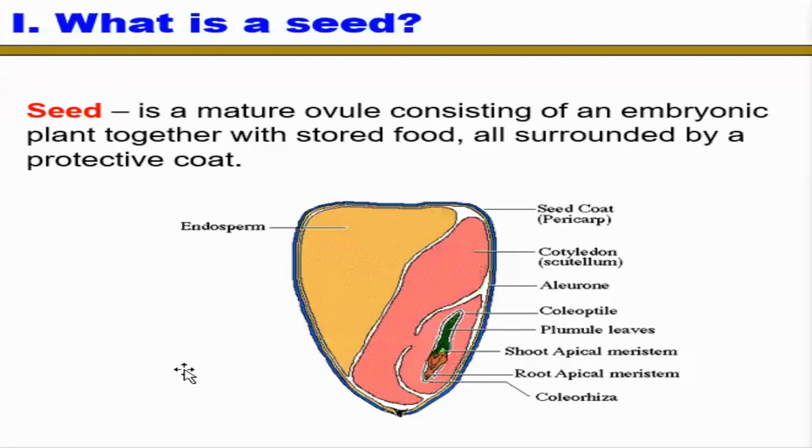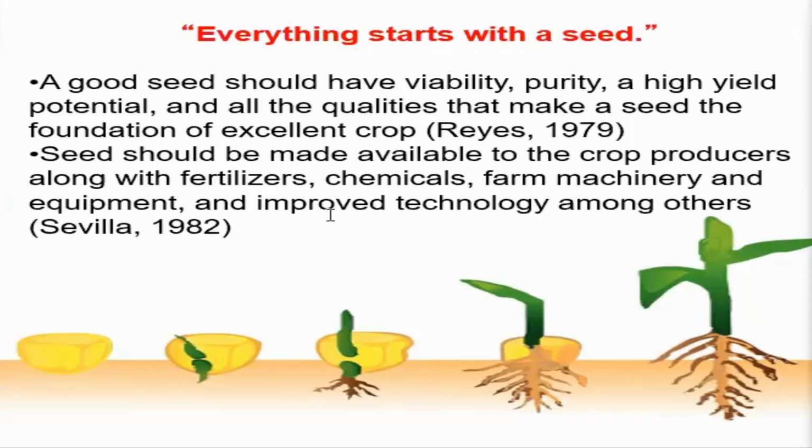And the yield potential, and the qualities that make a seed the foundation of an excellent crop, based on Reyes 1979. The seed should be made available to the crop producer with the fertilizer and chemicals and equipment and improved technology among others, as Sibilia stated in 1982.